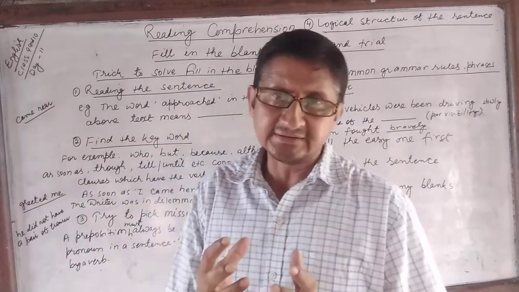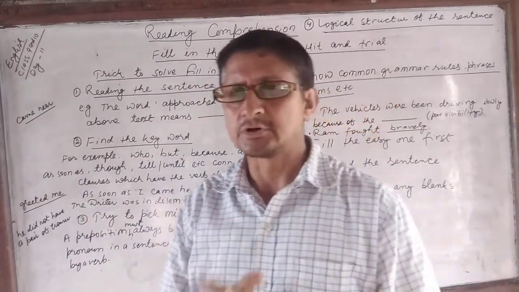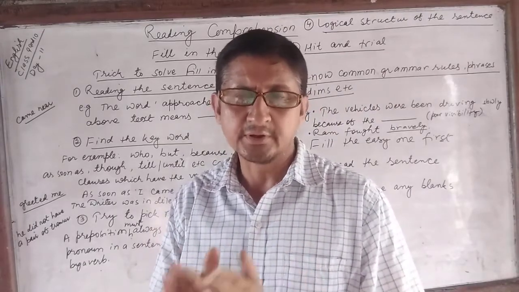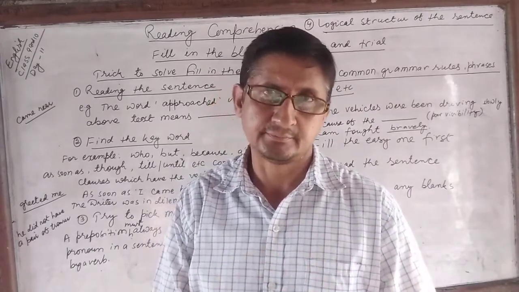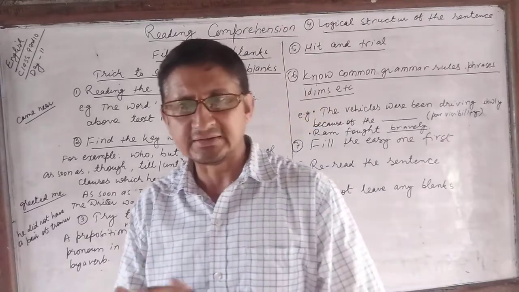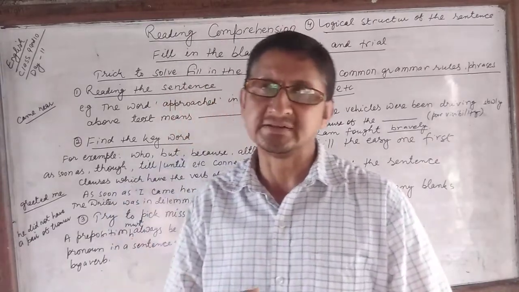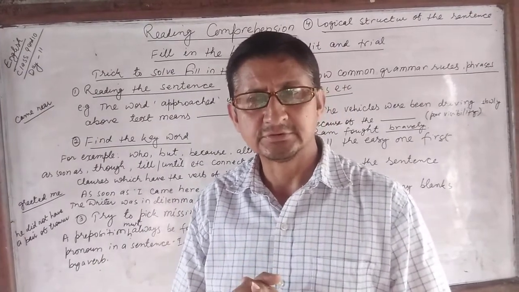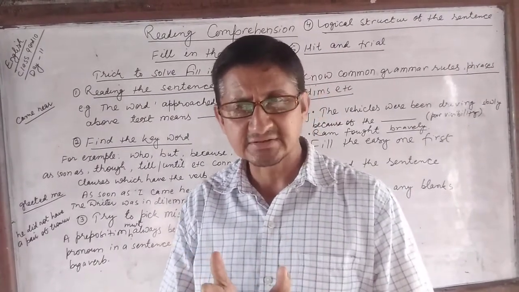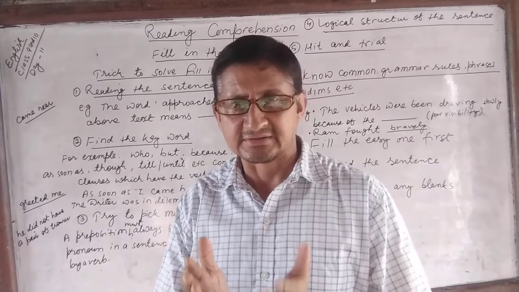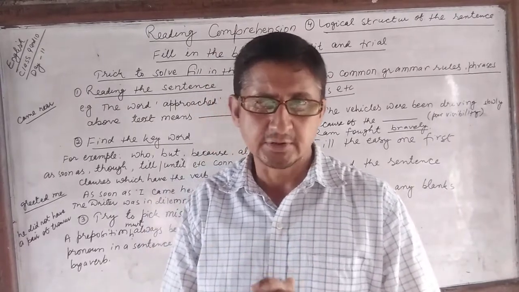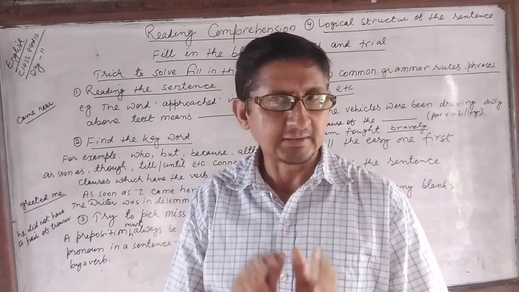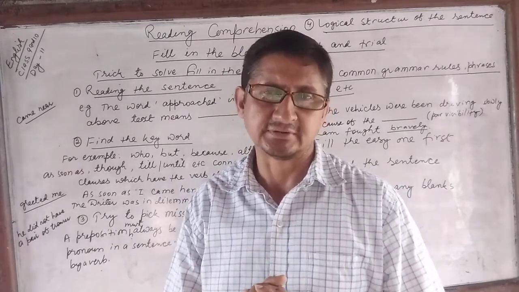Try and identify the logical structure of the sentence, whether it has a positive or negative frame, a positive or negative formation. The tense used, whether the sentence has used past or present or future in the sentence formation.